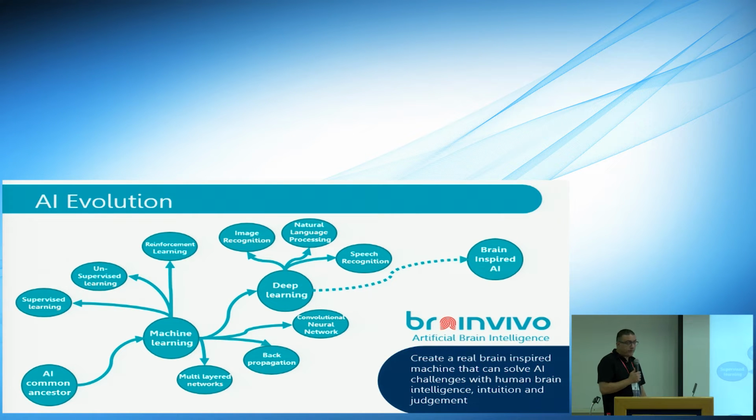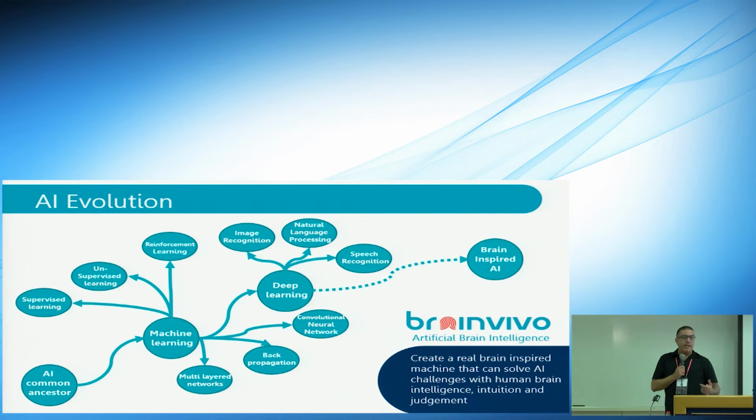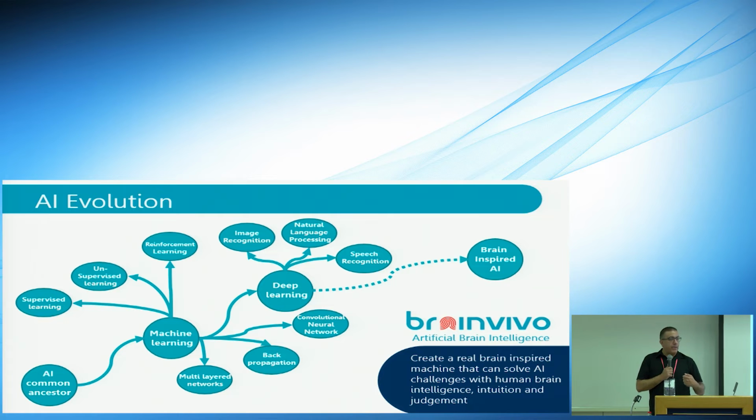Brainvivo decided to take an experimental platform, which I will tell you about in a minute, and create a real brain-inspired machine that can solve AI challenges with human brain intelligence, intuition, and more importantly, judgment. Because if we think of the brain as a cognitive system, the main ability of our brain is to create a judgment, to judge something. And that's something that a computer cannot do.